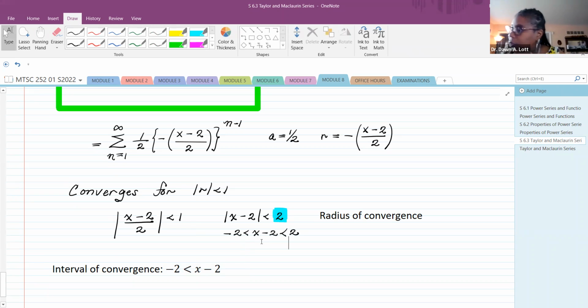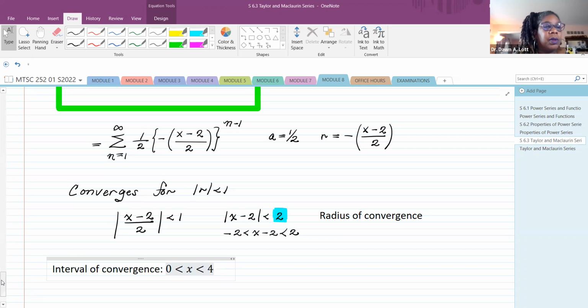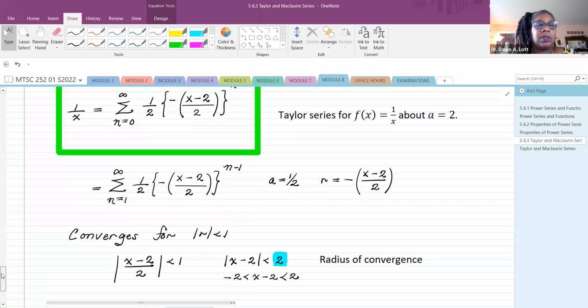So therefore, this becomes 0 to 4. So it only converges on the interval 0 to 4. Anything beyond that, it's not going to converge.